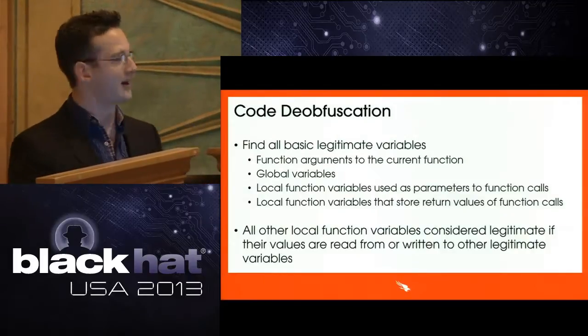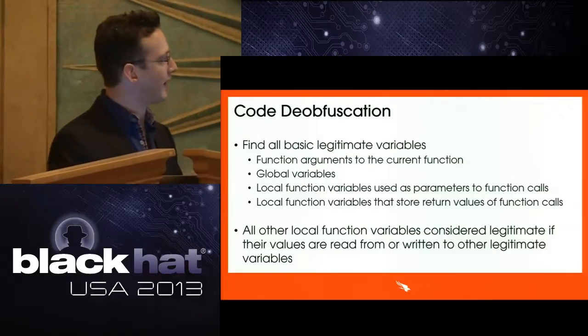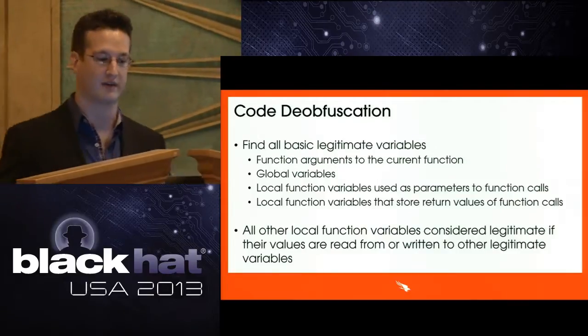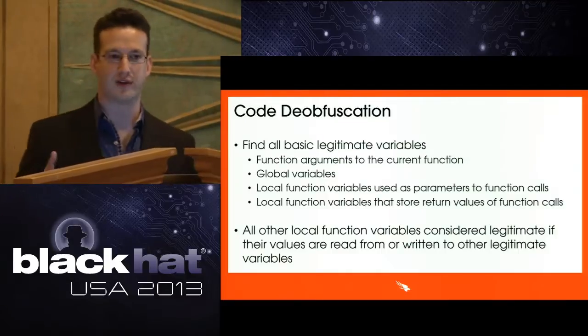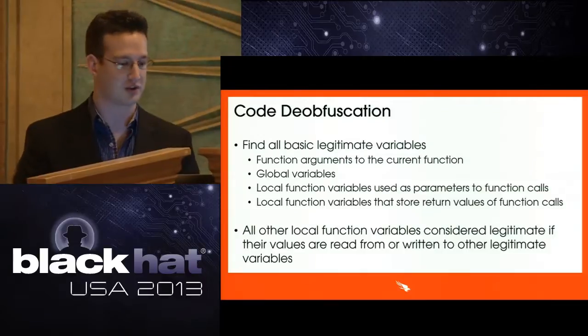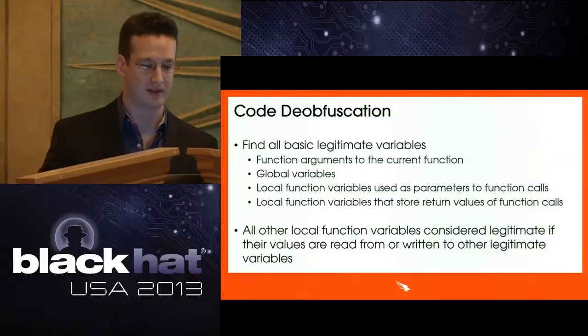It starts off by finding all basic legitimate variables. And those legitimate variables are function arguments to the current function. Global variables are considered to be legitimate. Arguments to function calls from the function are considered legitimate, as are return values from any function calls made from inside the function.